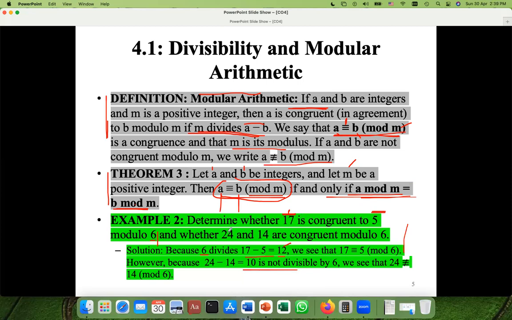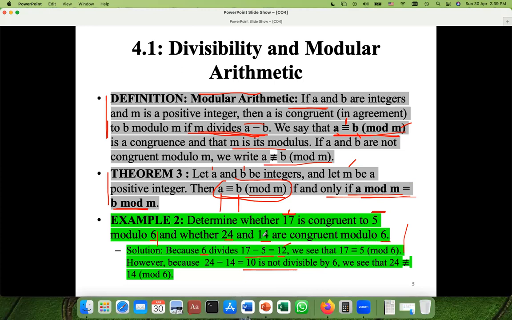Now the second part is whether 24 and 14 are congruent modulo 6. Because in the definition we are saying if M divides A minus B, and the normal understanding of divides means complete division, division with 0 remainder. So now this is A, this is B, and this is M. M is the same.